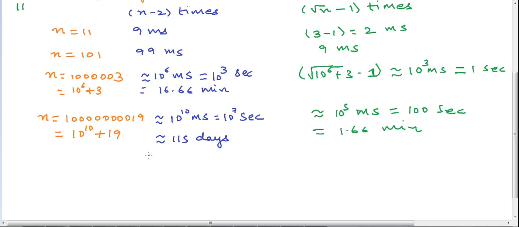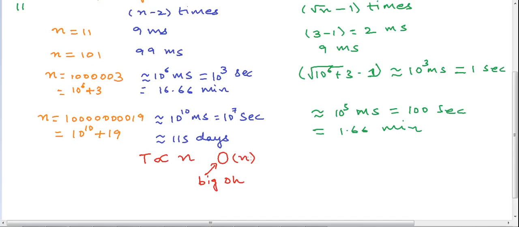So if the input to the program is n, we can see that in the first case, the time taken by the program is proportional to n. We often say in computational terms that this program is an order of n algorithm. This O is called big O, and you can search over the internet for what it is.